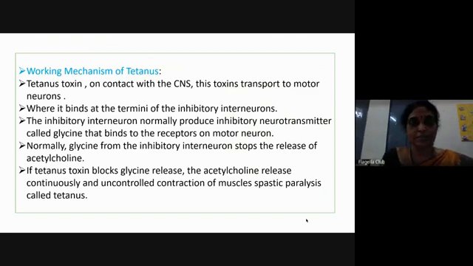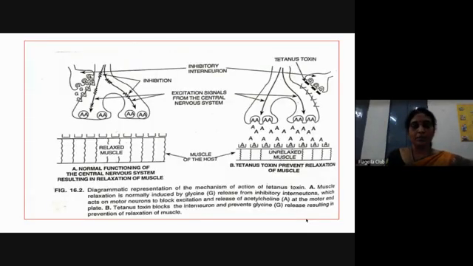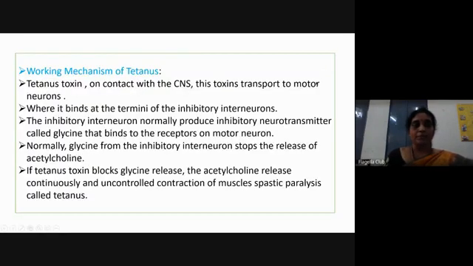The working mechanism of tetanus. Tetanus toxin, on contact with the central nervous system, is transported to motor neurons. Here in this picture, you can clearly observe the tetanus toxin mainly blocks the inhibitory neurons, and the main function of these neurons is to produce glycine, a neurotransmitter that binds to the receptors on the motor neuron.